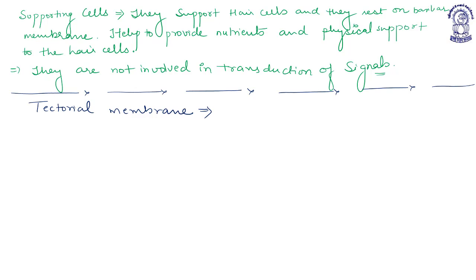Tectorial membrane: it is a fibrous and gelatinous flap, so it is fibrous and made up of gelatinous tissue.